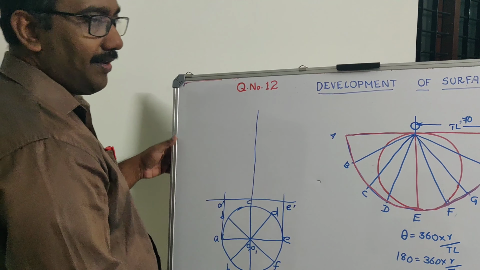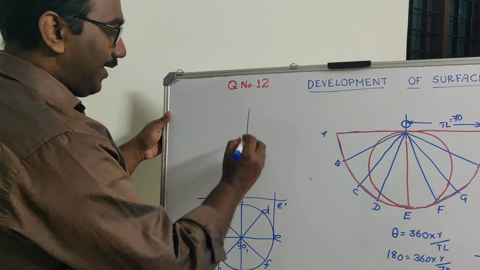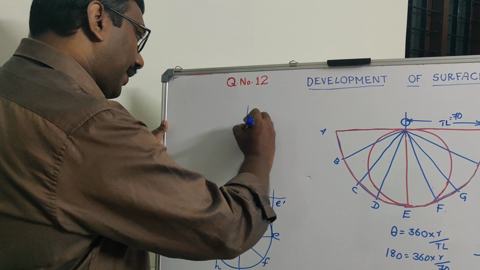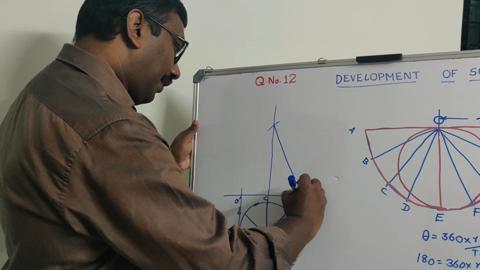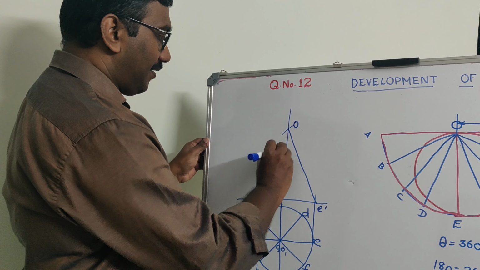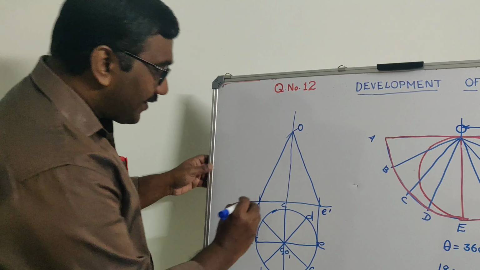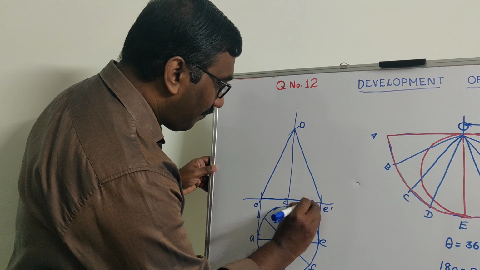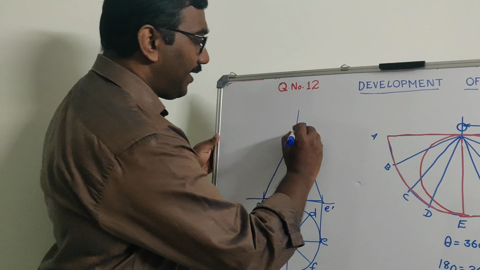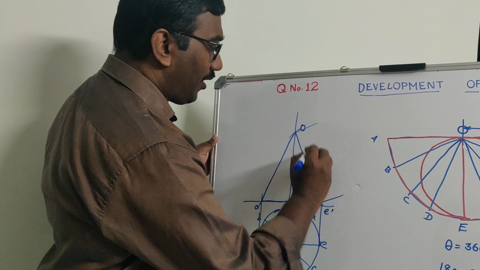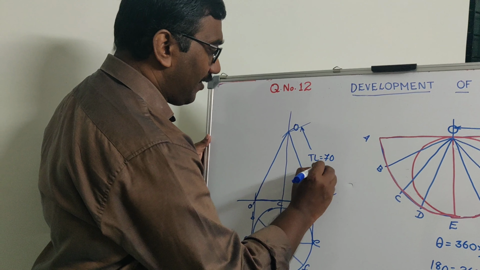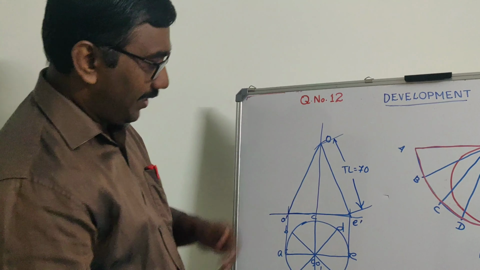Taking E dash as center and 70 mm as radius, I can draw an arc, so that here, let it be O. Now the other side also we will get. Now the cone is ready. The height is immaterial. The most important thing is the true length, which is 70, given already in the question.